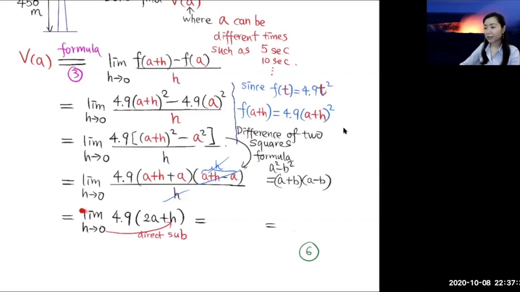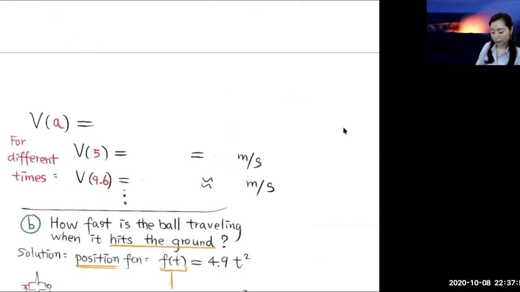Now we can do a direct substitution. Substitute h to be 0 here. We get 4.9 times 2a, which is 9.8a. So this gives us the instantaneous velocity at any time a. Now we can substitute different times, different a, into this. At 5 seconds, substitute 5, we get 49.